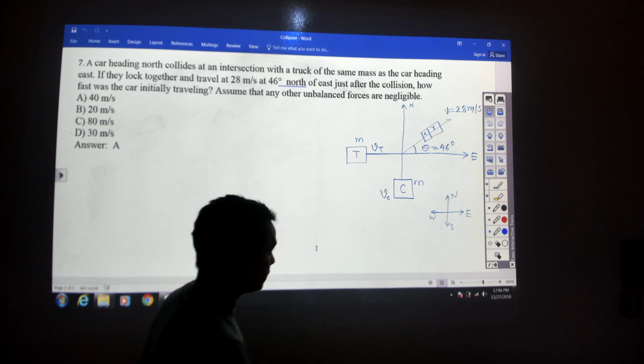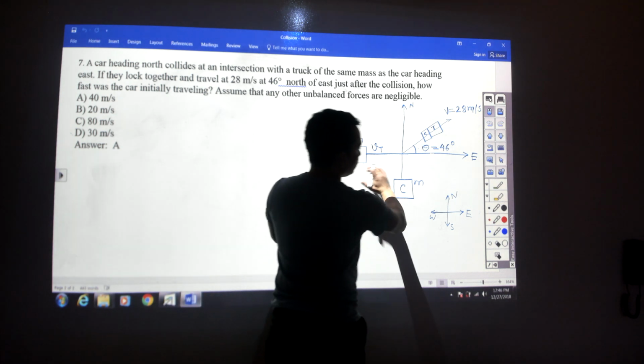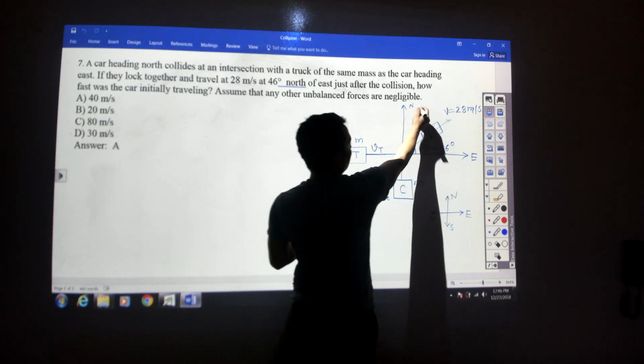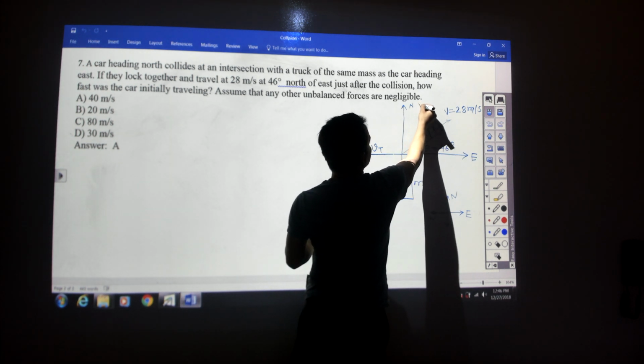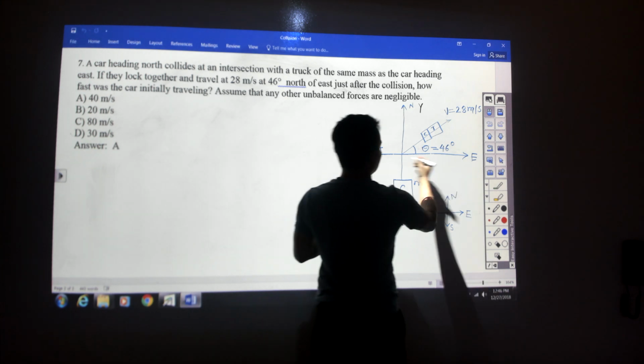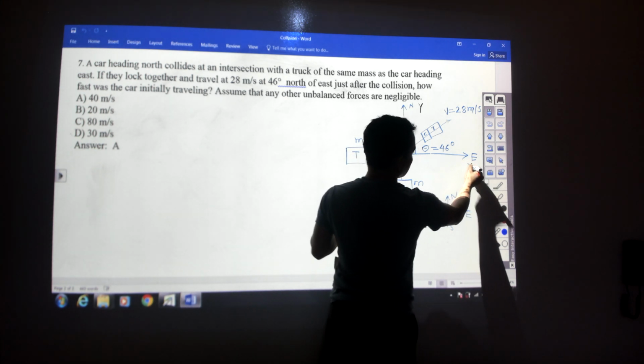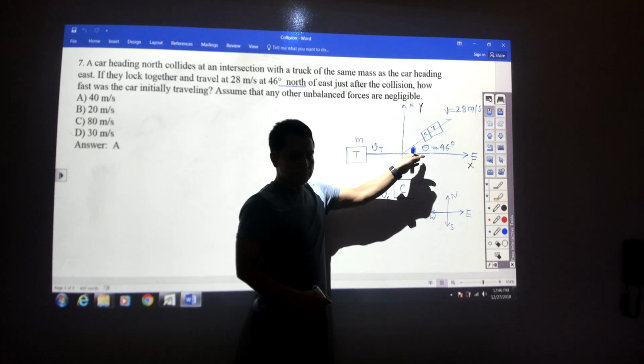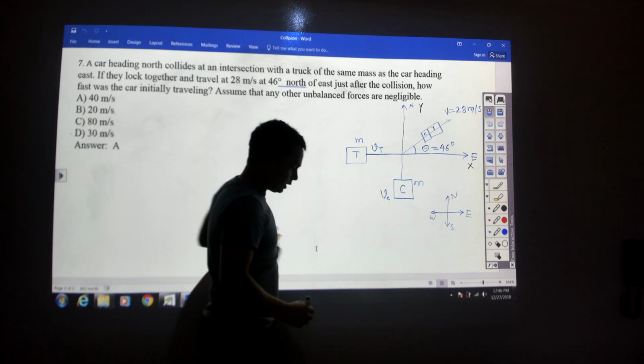I'm calling the north-south direction the y-axis, and the east-west direction the x-axis. Let's find the momentum along the y-axis.